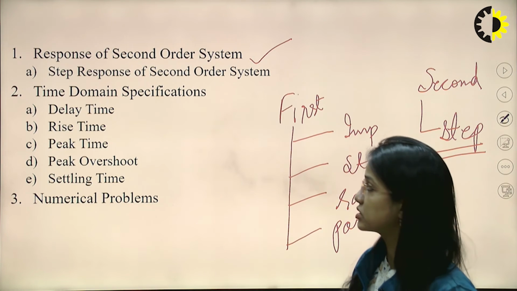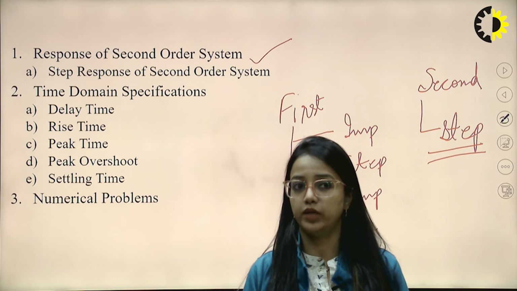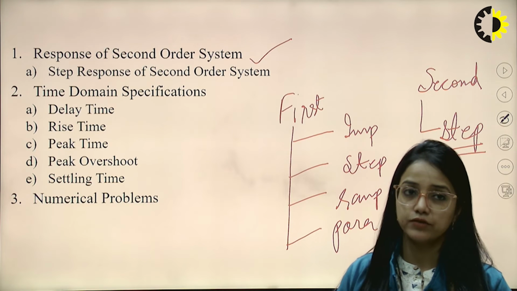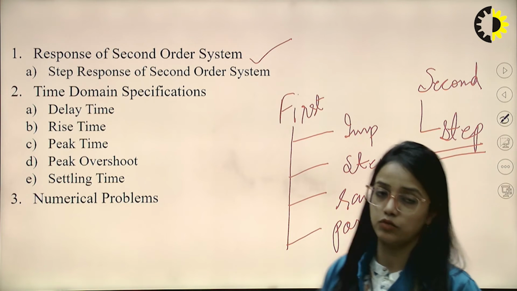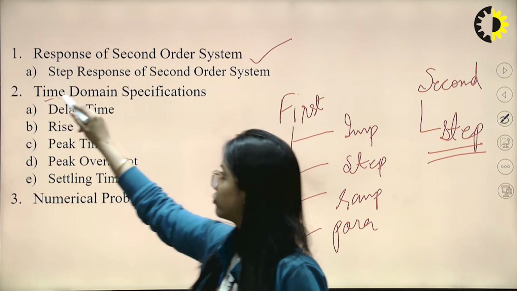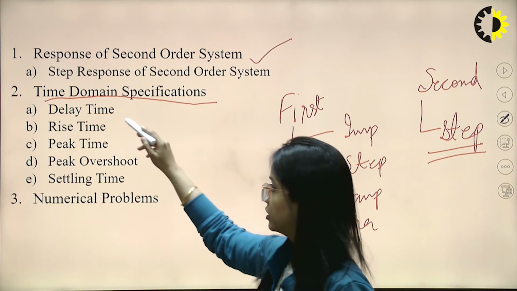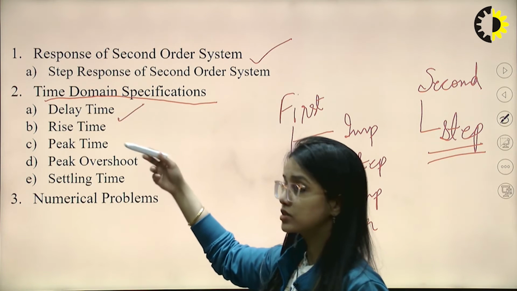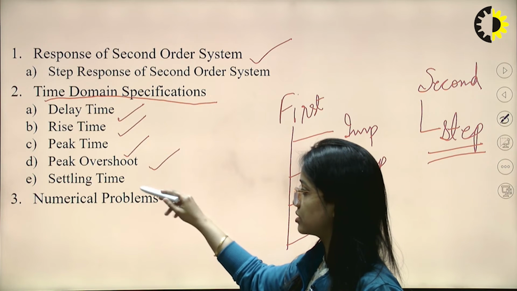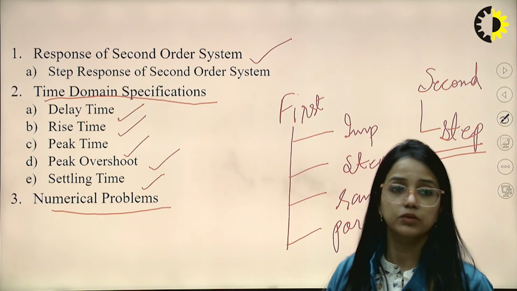Now, when it comes to the response in time domain, it means we are talking about CT. So we have to study certain time domain parameters: delay, rise time, peak time, overshoot, and settling time. Then we have to study the numerical problems based on these.